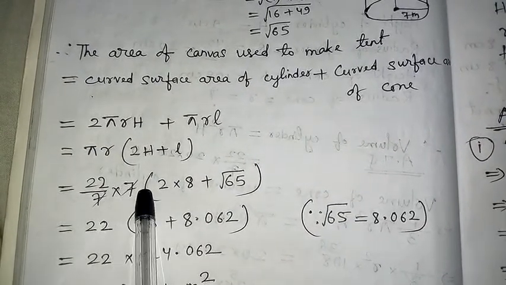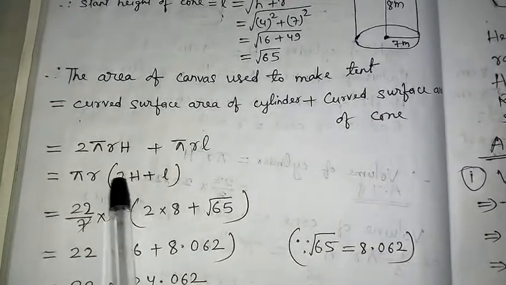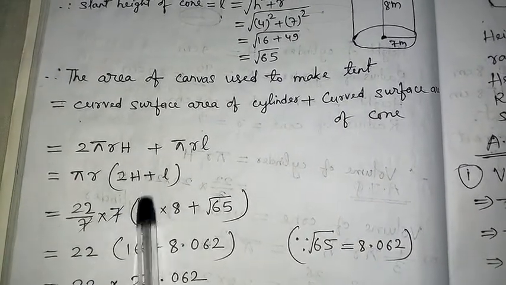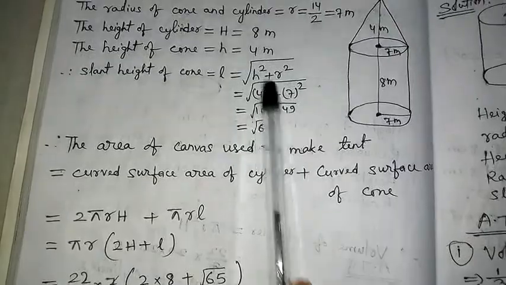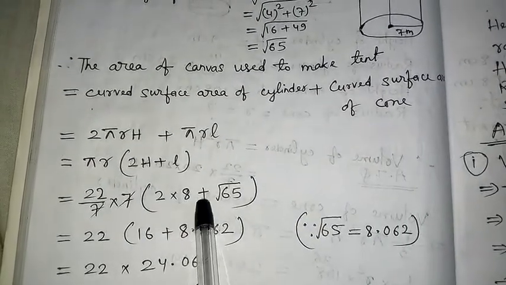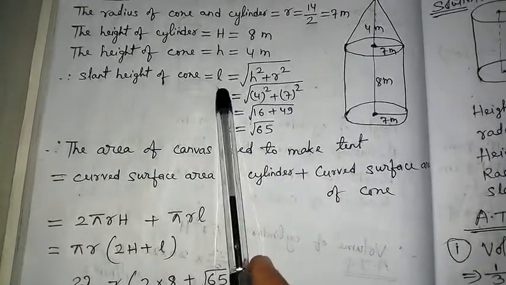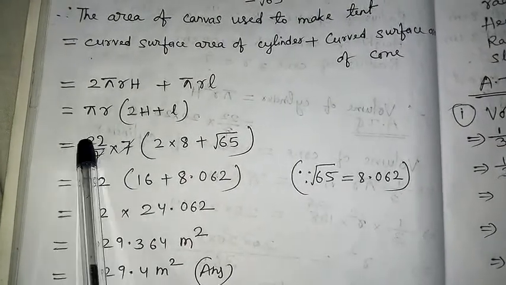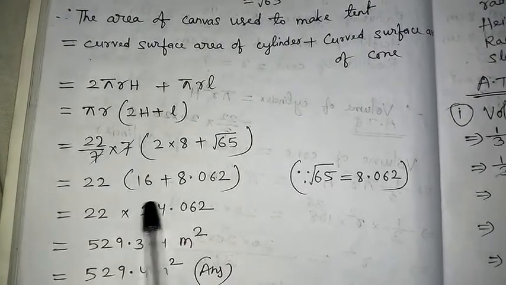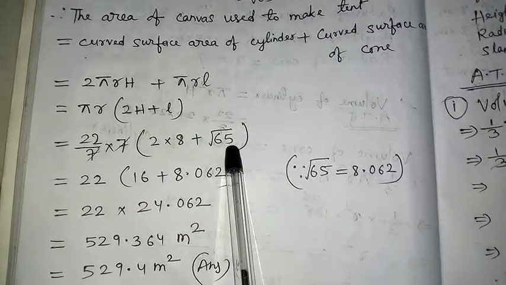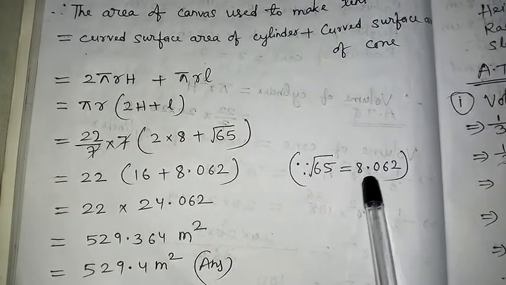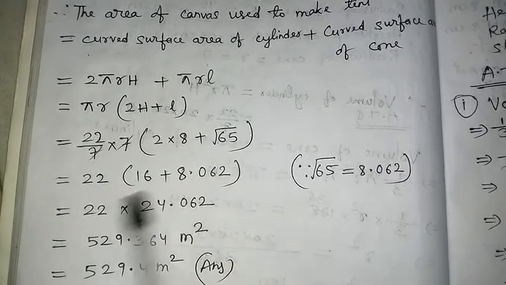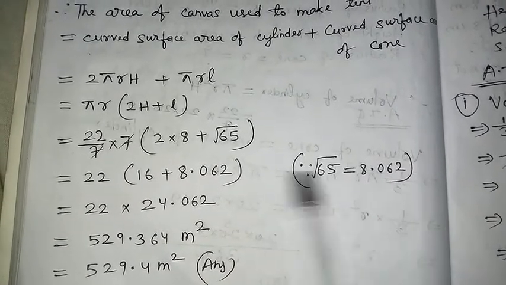After taking common, now put in the respective values. 22 by 7 into small r, which is 7, bracket 2 into 8, because capital H is 8, 2 into 8 plus, just now we got l as root 65, put the root 65 value. Now here 7 got cancelled, 22 into bracket 16 plus, actually root 65 is 8.062. Now you might say, sir, how to know this value?